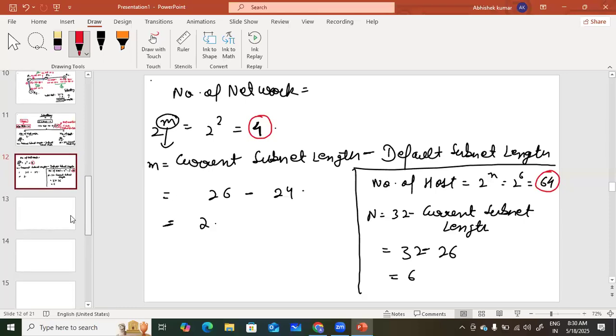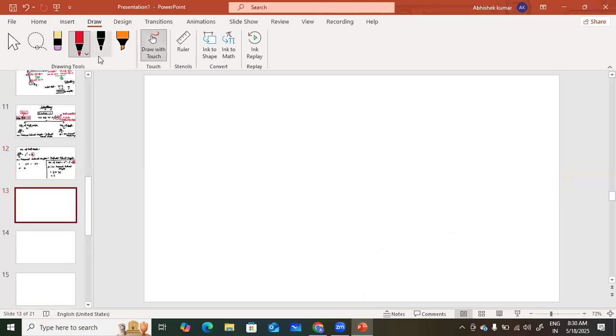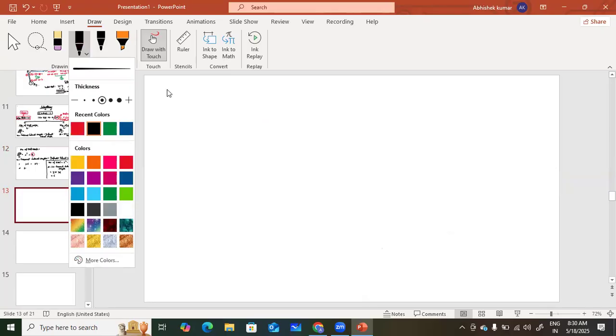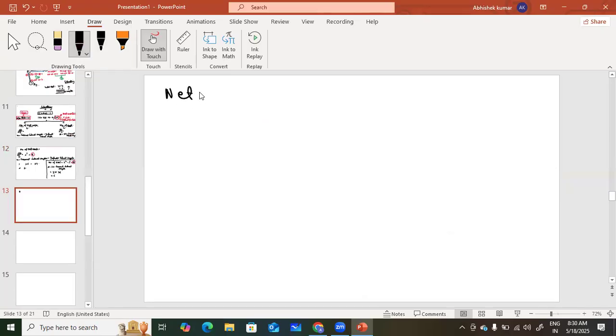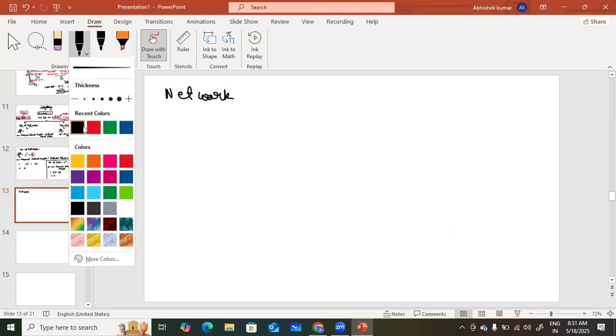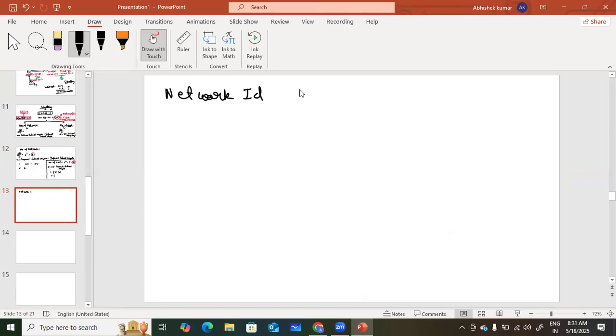I hope this is what you were asking. The columns are: network ID, first IP, last IP, and then broadcast IP.